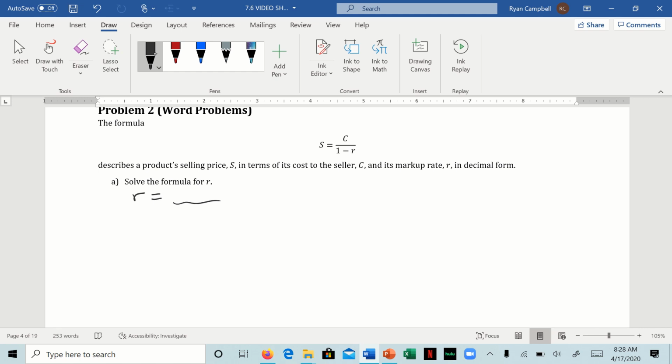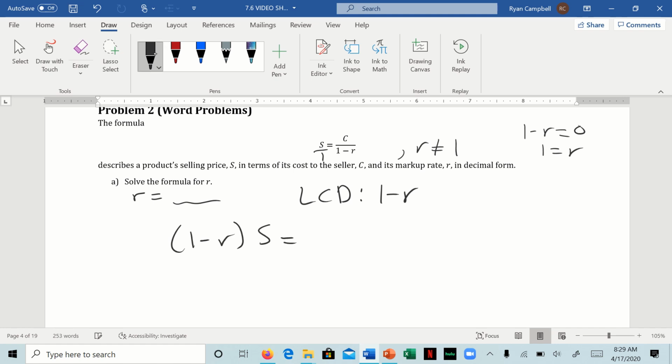First, you can see that R can't be 1, because 1 minus R is 0. R can't be 1. The least common denominator is just going to be 1 minus R, so we can multiply both sides by 1 minus R.